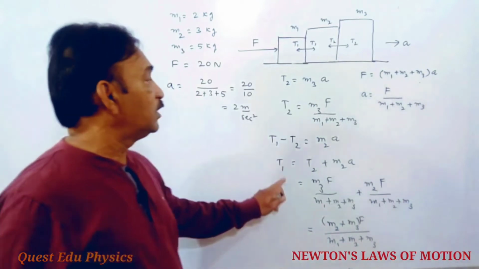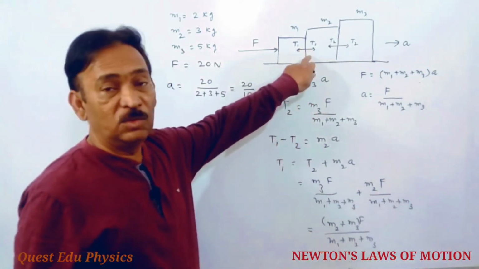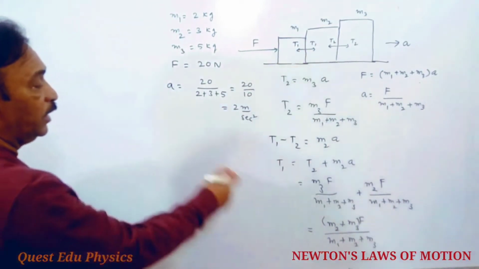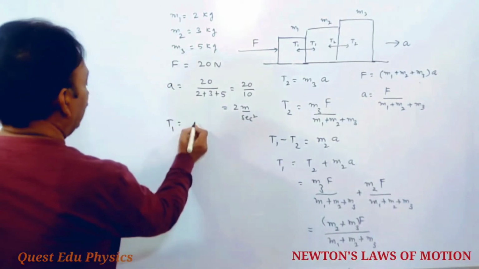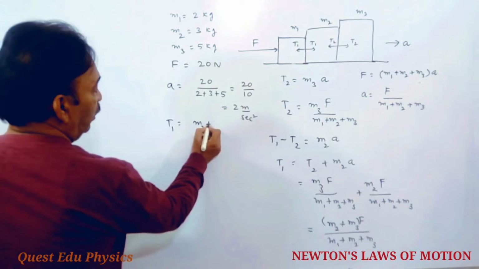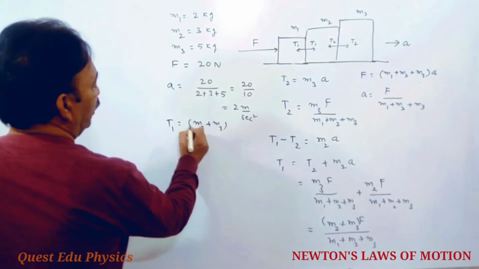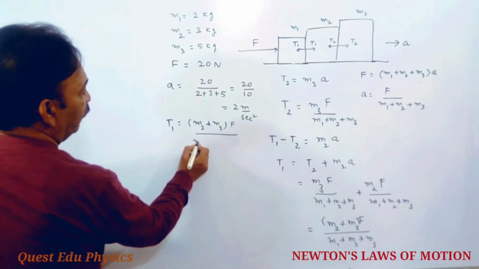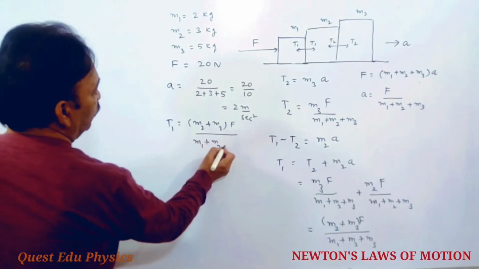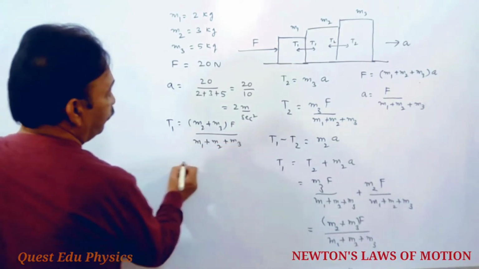Maybe in examination he will ask you what is the tension between the two. Then automatically go with the relation. T1 is equal to (m2 plus m3) of F by m1 plus m2 plus m3.